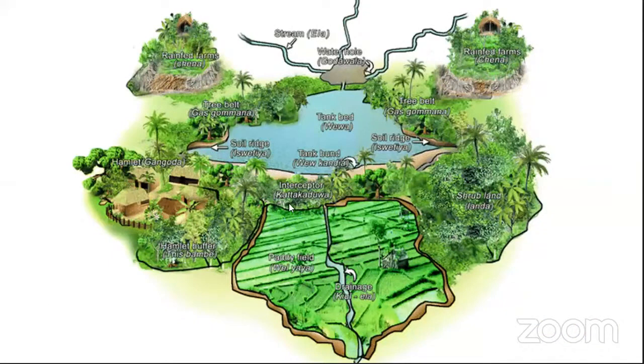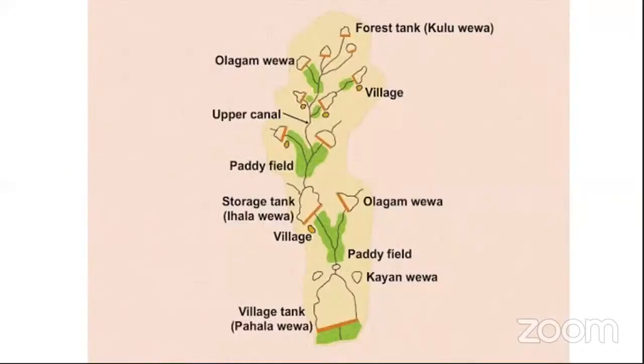This is a village, a hamlet. This one is a small village and a small village tank is there. Then in the next slide you see how these village tanks were interconnected through the canals. This is known as Elanga, the Vav Prapatane or the cascade of tanks.